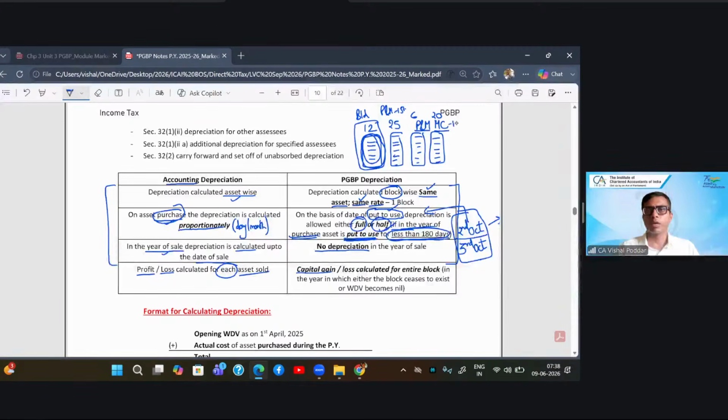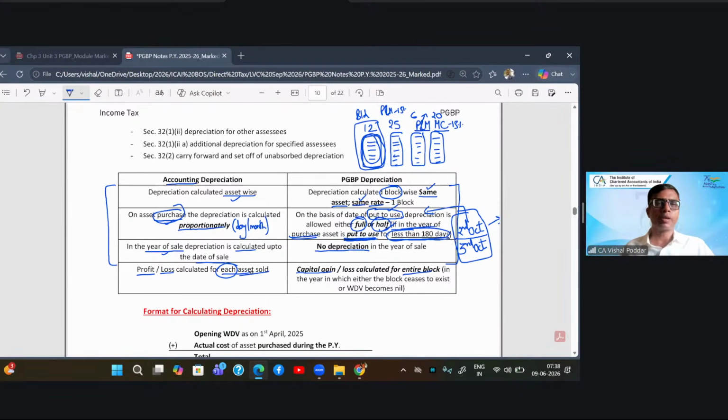This is of motor car, which is again 15%. 15% is the rate given, right? This is of plant and machinery 40%. So we have different blocks. We will find out the capital gain or loss for the entire block and not for one single asset.